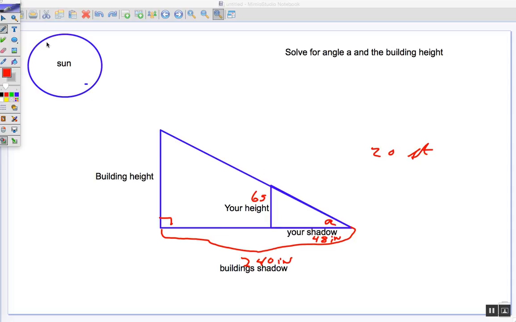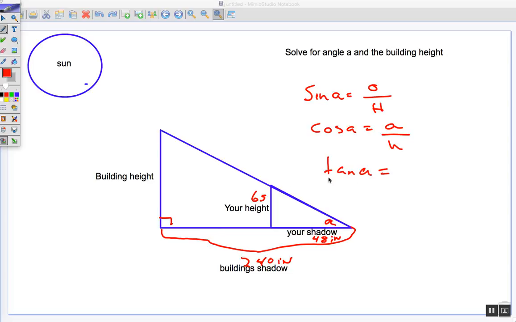So you have to decide, which trig function do I use to help me solve this? Remember, sine of A would be equal to opposite over hypotenuse. Cosine of A would be equal to the ratio of its adjacent side to its hypotenuse. And tangent of A is going to be equivalent to opposite over adjacent side.